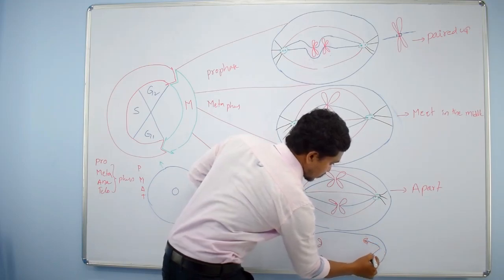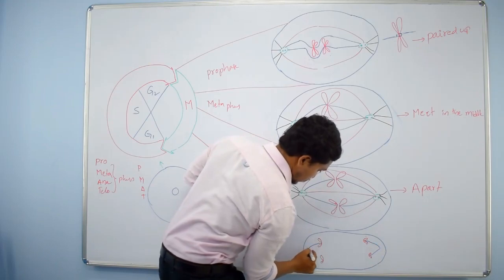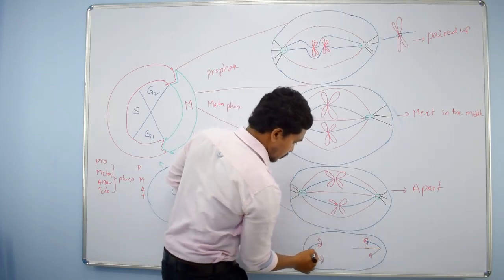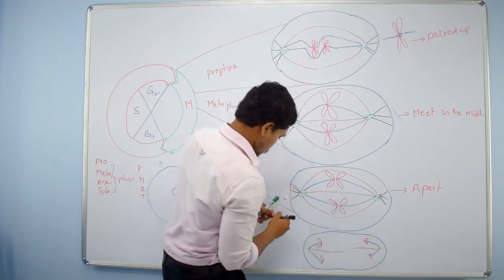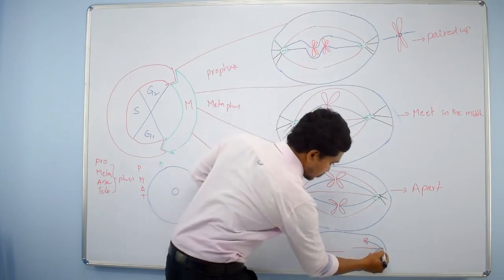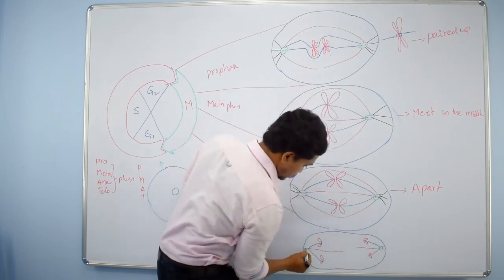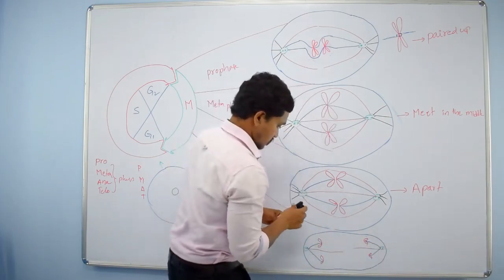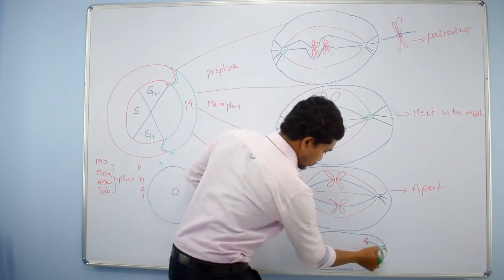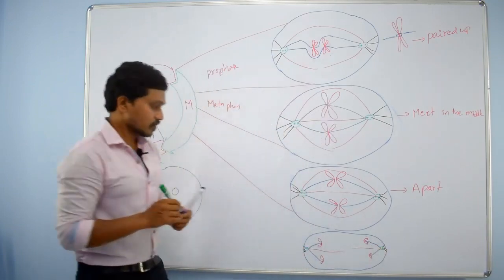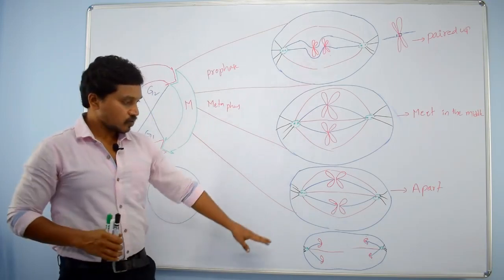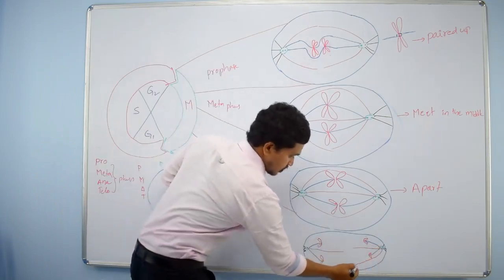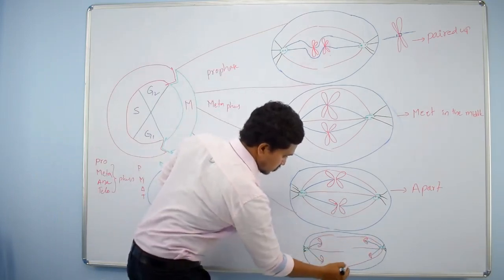This is kinetochore microtubule, this is kinetochore microtubule, and these are polar microtubules. Of course, centrosome, here centrosome, then anchoring microtubules. Clear? I didn't draw the remaining polar microtubules, so that's why I am drawing.